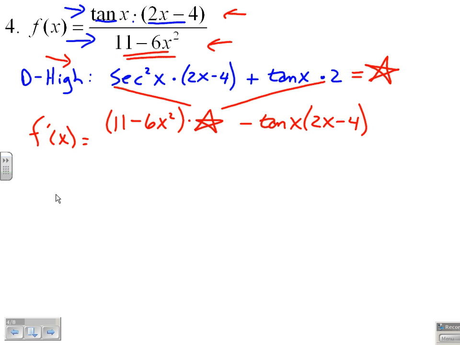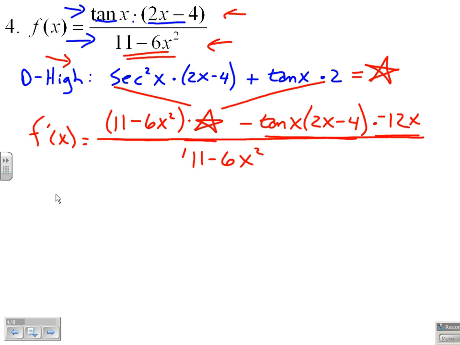Well, d low is a breeze. D low, the derivative of 11, 11 is a constant. The derivative of a constant is 0. Derivative of negative 6x squared, negative 12x. Low d high minus high d low over the square of the thing below.